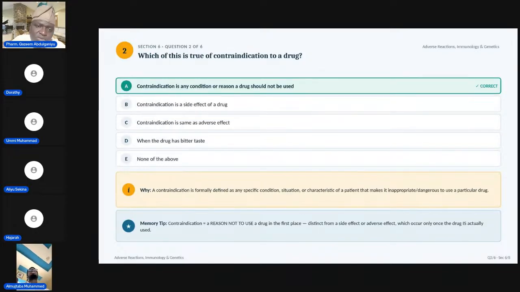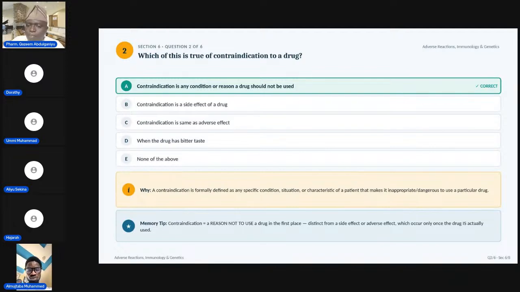The next question says, which of these is true of contraindication to a drug? When they say a drug is contraindicated, let's look at it this way. We are saying that for a particular condition, if you take this drug, maybe it will worsen the condition.